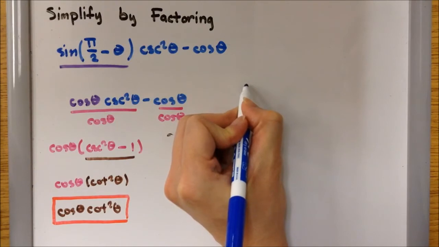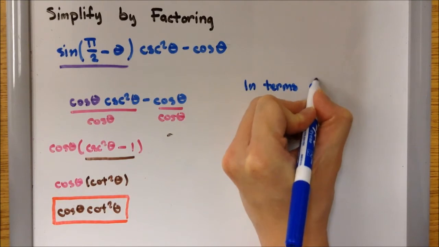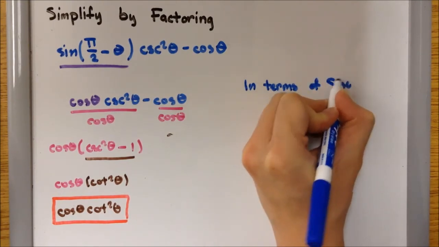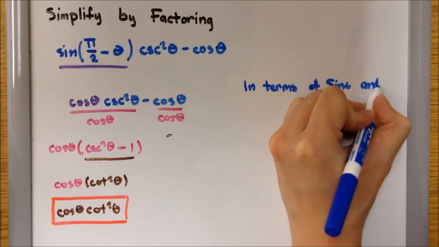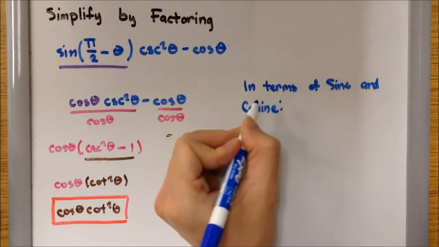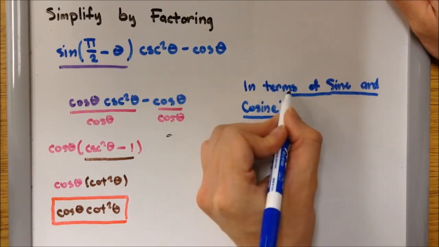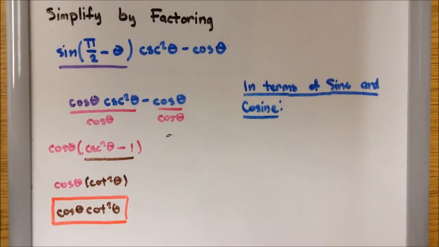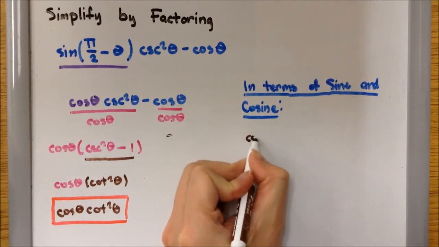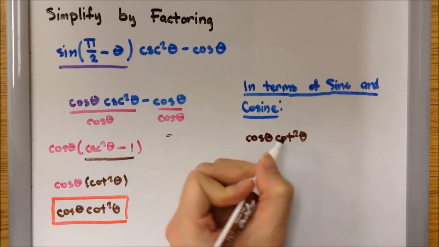So in terms of sine and cosine, if you're simplifying by factoring and then simplify into terms of sine and cosine, that means that here I will not stop, I will just continue. So I'm going to write right here cosine theta cotangent squared theta.